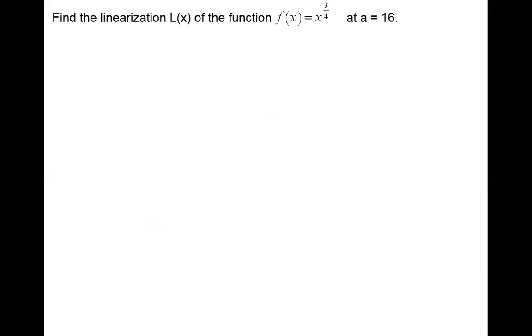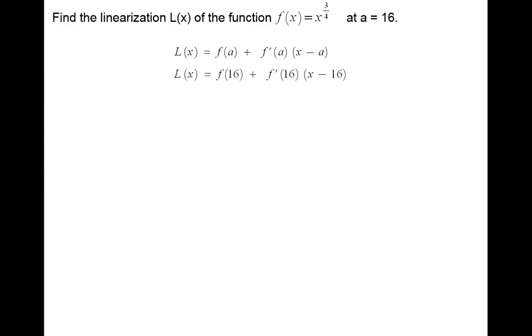We remember linearization is just the equation of the tangent line, but we did use that form, f of a plus f prime of a times x minus a. We can see we have the point a equals 16. We have to find the value of the function at 16 and the value of the derivative at 16. But please make a note that this is the linearization equation and it is important.